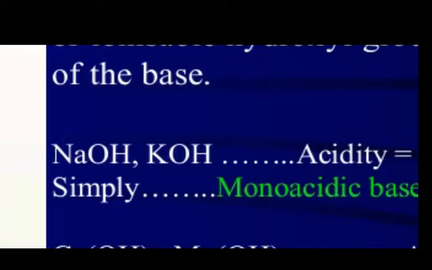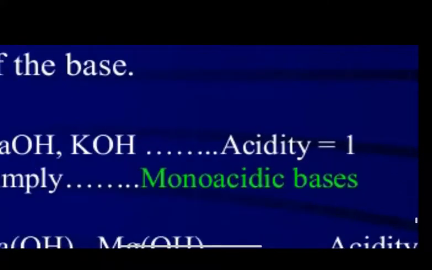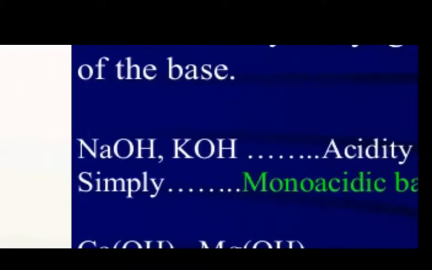One replaceable hydroxyl ion. It is known as a monoacidic base. For example, NaOH and KOH. NaOH we can write as Na plus and OH minus, KOH as K plus and OH minus, and NH4OH as NH4 plus and OH minus.